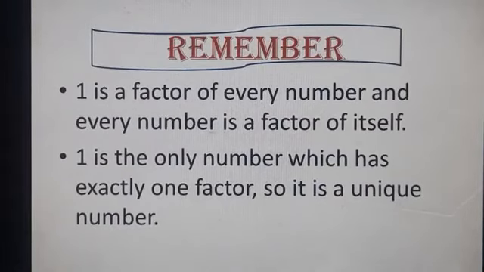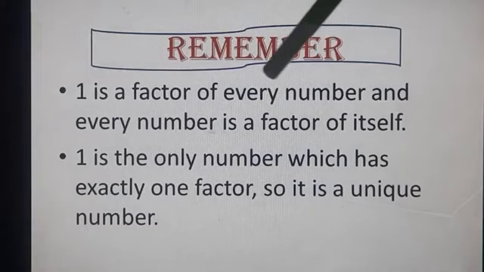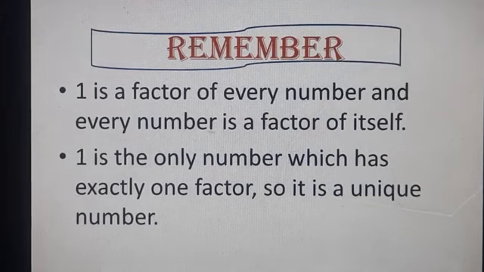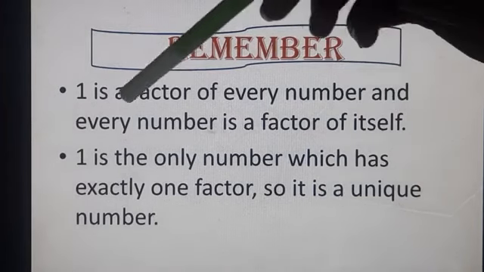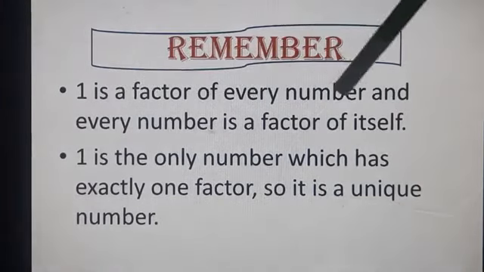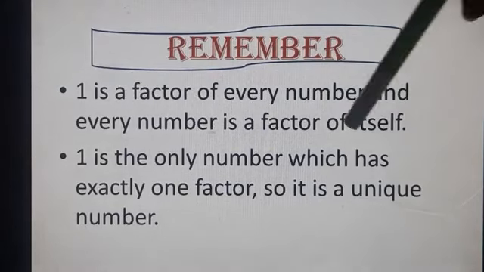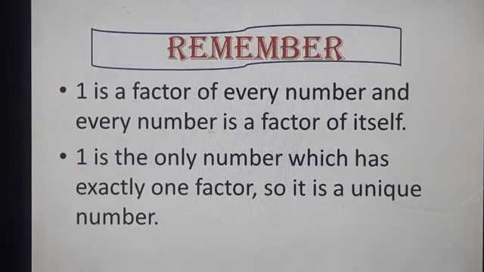Remember these things. 1 is a factor of every number and every number is a factor of itself. 1 हर नंबर का फैक्टर है and every number is a factor of itself, और हर नंबर अपना भी फैक्टर होता है.